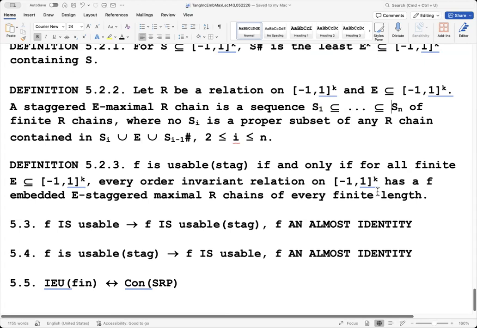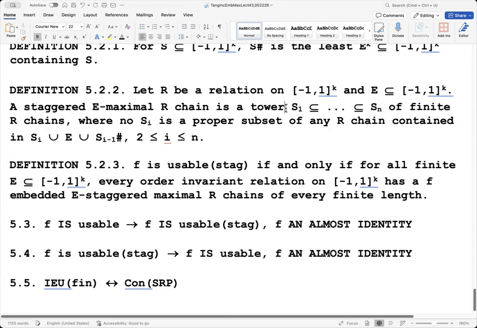A staggered R maximal arc chain is a sequence S1, it's a tower. So I'm now going to say tower, I guess. There we are. Where no SI is a proper subset of any arc chain contained in here. I probably should say something about the robustness of this.